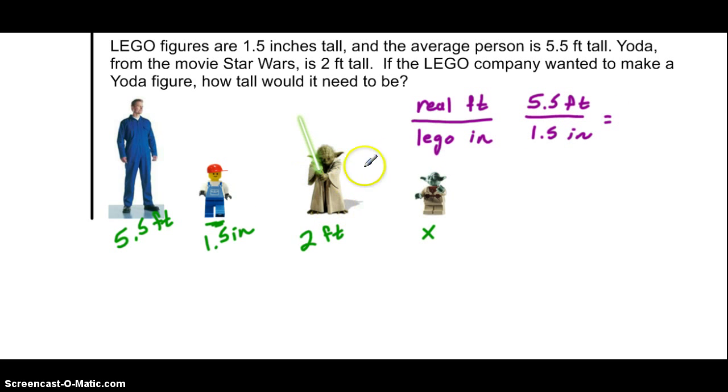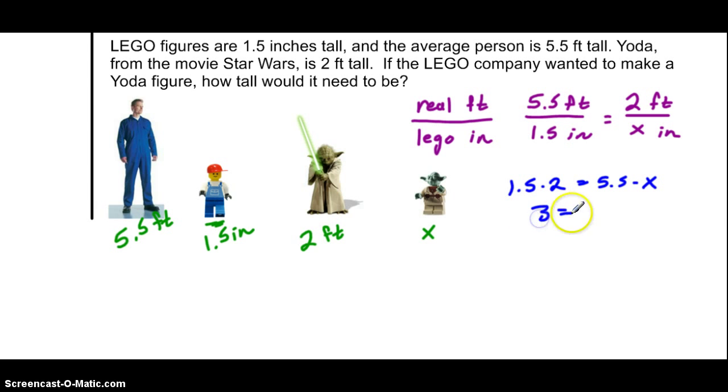Similarly, Yoda, the real Yoda, is 2 feet tall. Again, that's going in the numerator. And we don't know how tall Lego Yoda is going to be. We do know it's going to be in inches. So if we solve out our proportion here, we'll have 1.5 times 2 equals 5.5 times x. 1.5 times 2 is 3, equals 5.5x.